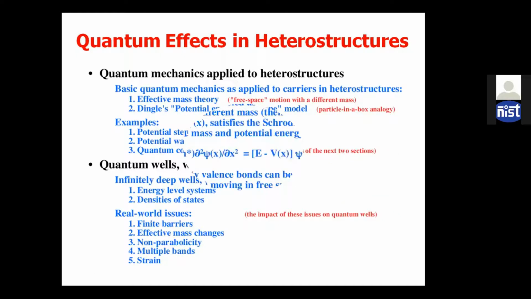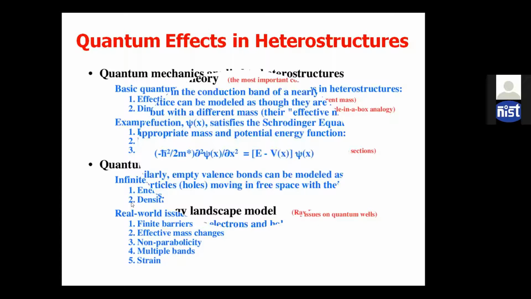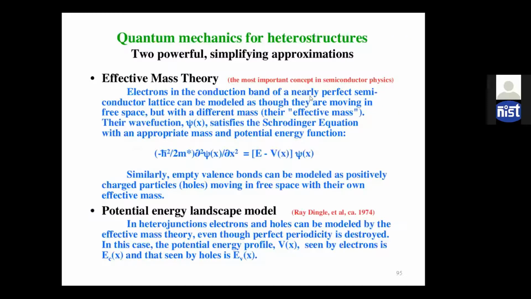So as per the effective mass theory, electrons in the conduction band of a nearly perfect semiconductor lattice can be modeled as moving in free space but with a different mass, which is known as the effective mass.